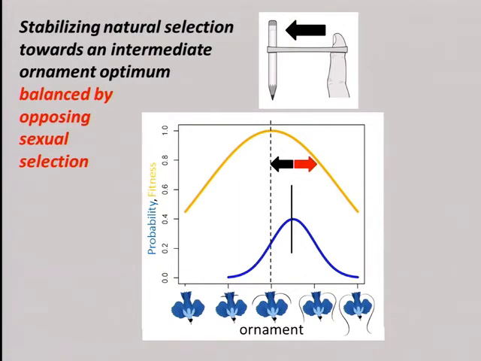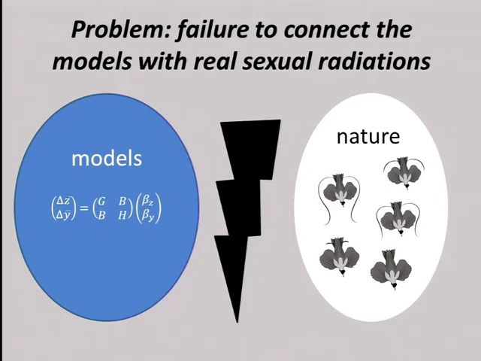Okay. Now I just added selection on the female preference, and so that's a generalization beyond what Landy was talking about. Okay. Now here, let's return to our problem.